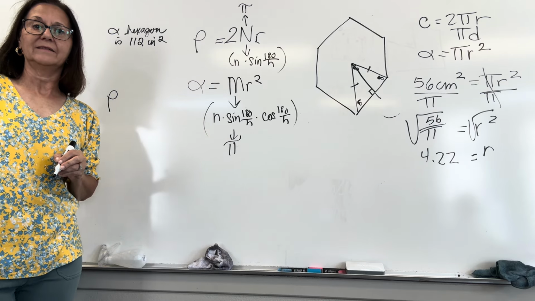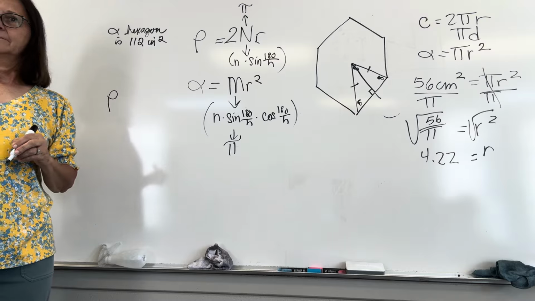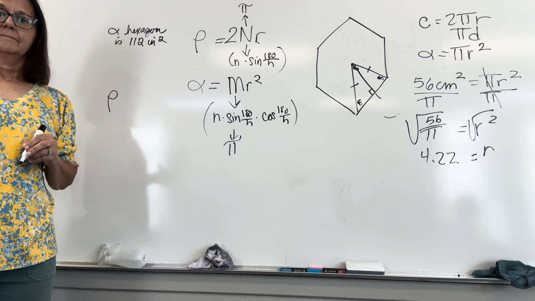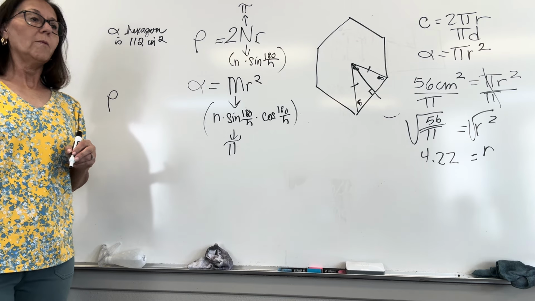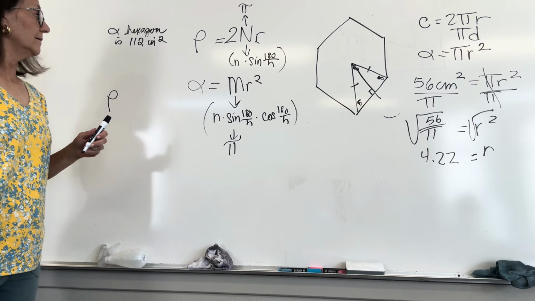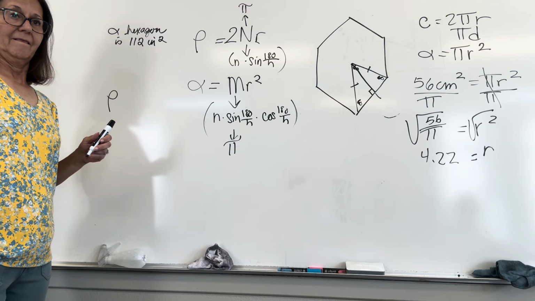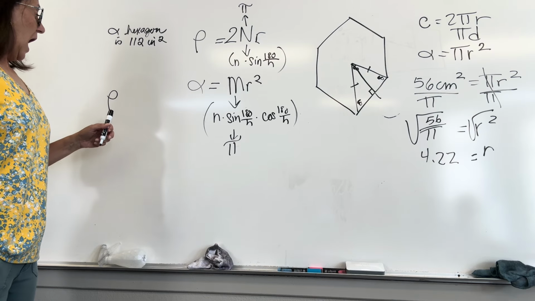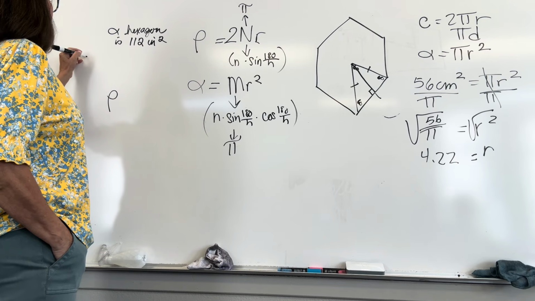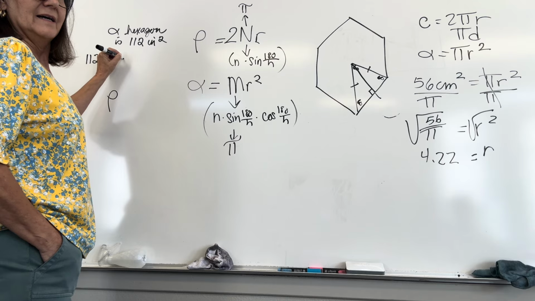Okay? Tell me what the perimeter is. What if I asked you that? Could we do that? What would I have? Yes, Arthur? Would you just divide 112 by 6? What did you divide? 112 inches squared equals, oh, there we go. 112 equals, what's n?